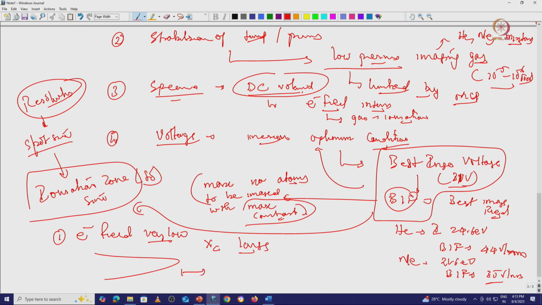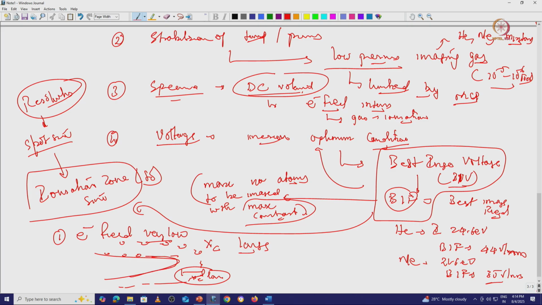If xc is large, the imaging gas ions cannot replicate the atomic structure on the tip surface. So the field distribution in the zone may not reflect the actual structure of the tip surface.